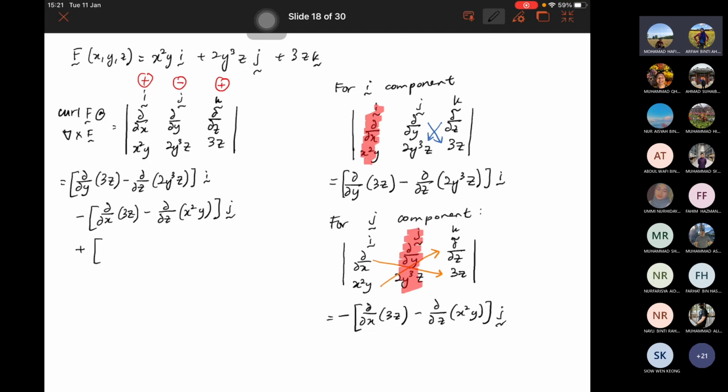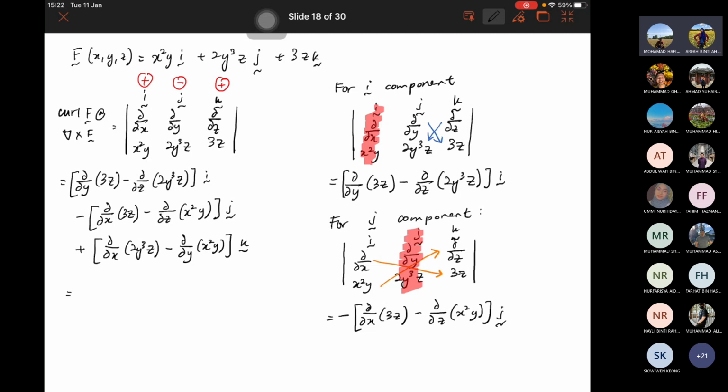So plus untuk k component tutup yang k. Okay. Cubalah buat tutup yang k, awak akan dapat delta over delta x 2y cube z minus delta over delta y x squared y k.